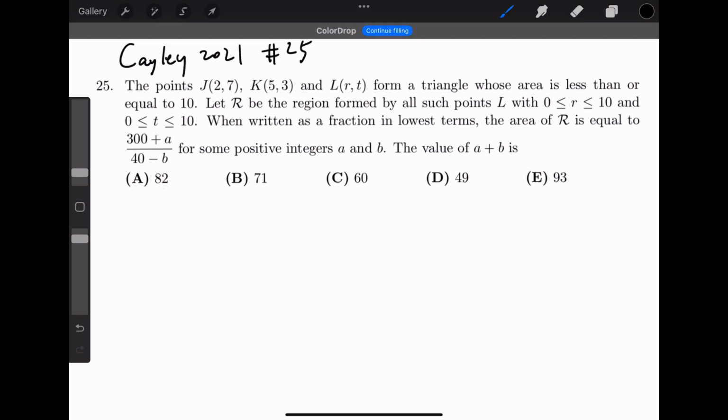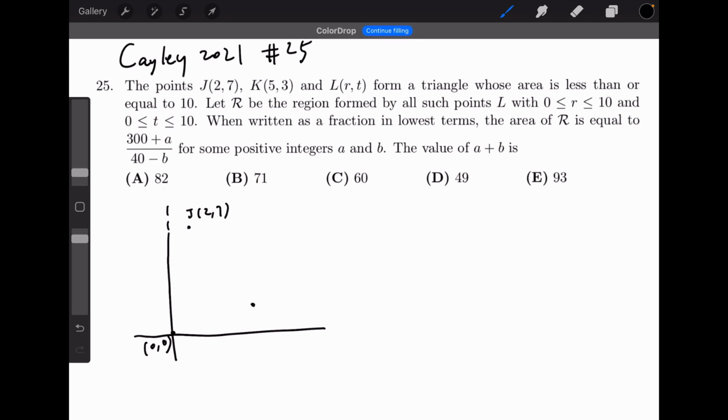Since the question already gave us the exact coordinates of the two points J and K, using a coordinate system to solve this question would be very helpful. Let this point be the origin, 0, 0, and J would be around here, which is 2, 7, and let K be around here, 5, 3.